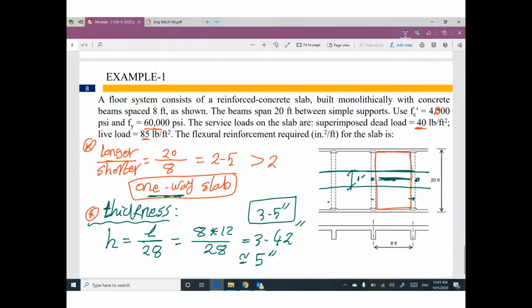You know what I mean? So from start, be more generous. 3.42, okay. 3.5 is good. 4 is good. 4.5 is good. 5 is good. So I'm gonna assume it 5.